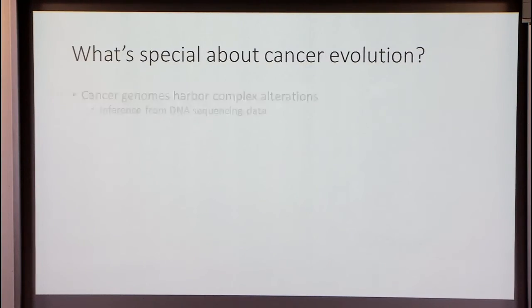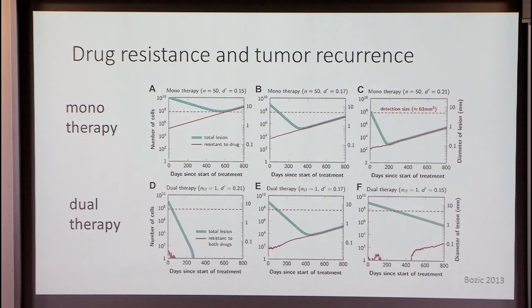Okay, I will skip a bit here and just make one more comment: you can also use these types of models to predict the effect of treatment. Mono versus combination treatment has been mentioned at some point before. Here's such a study using these models comparing monotherapy to dual therapy, so treatment with two compounds.